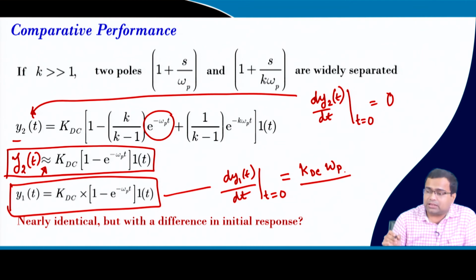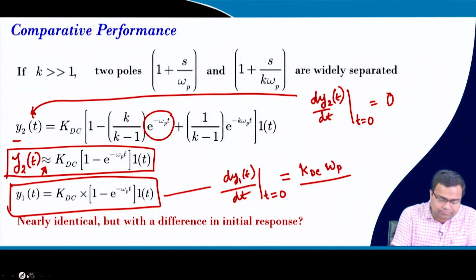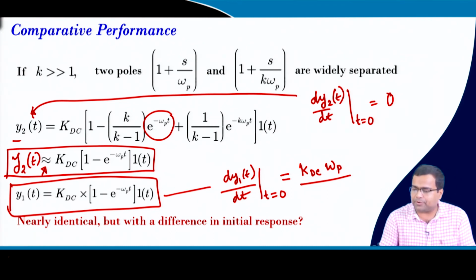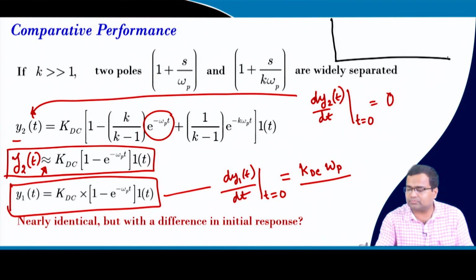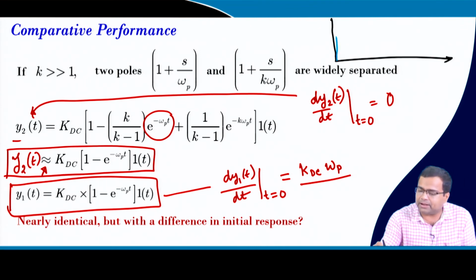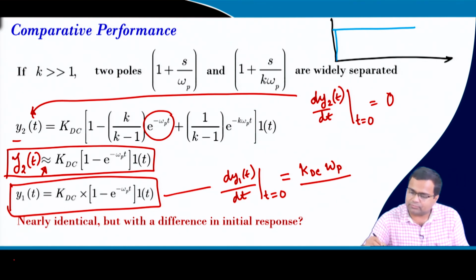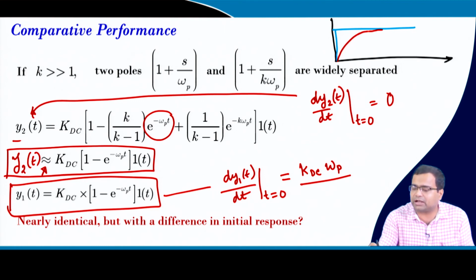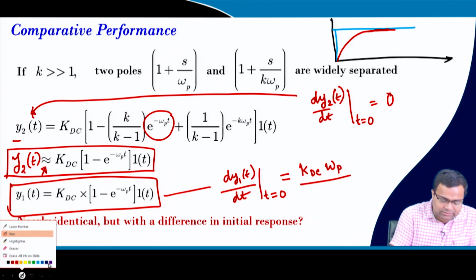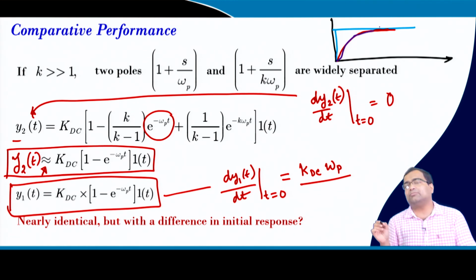That means, at the beginning of the response there will be a difference, that means in the derivative. If I draw the response, if I apply a step input, let us say I have applied a step input here, then the response of the first order system will be like this, it will not touch, it will just go close, and the response of the second order system initially will go and then try to match, they will match because they are identical.